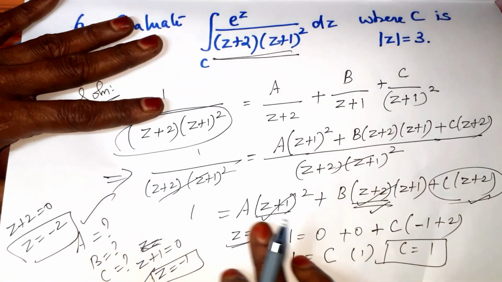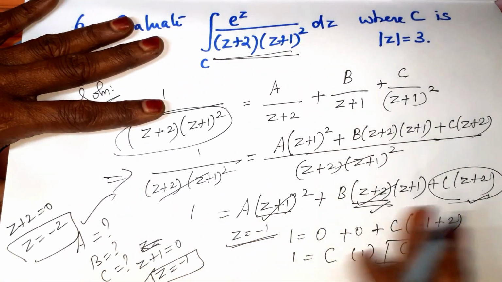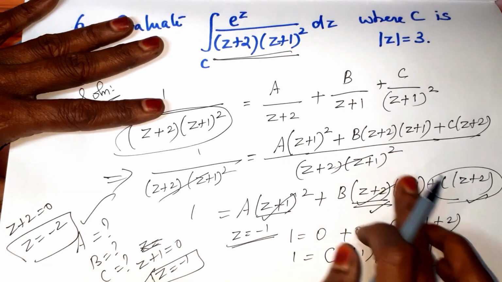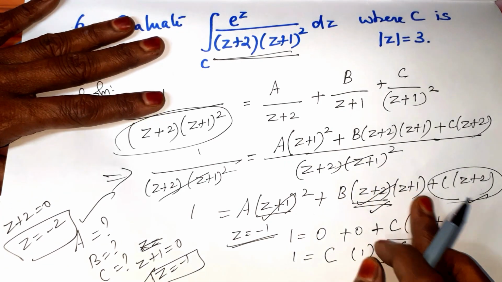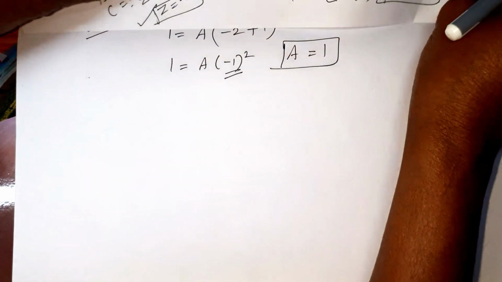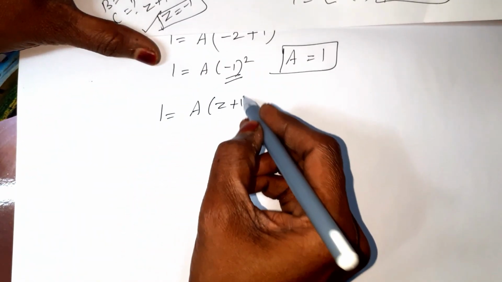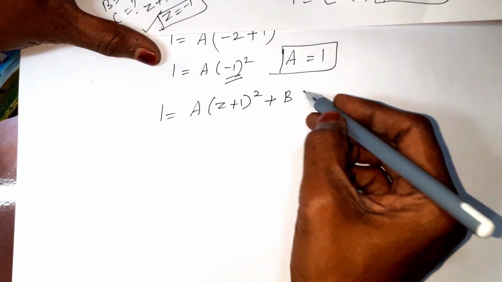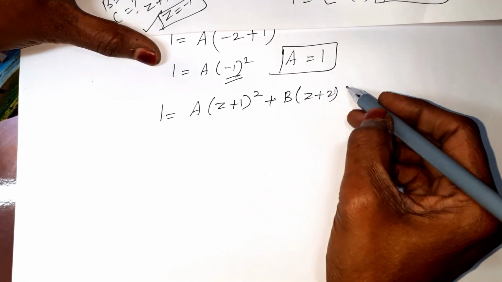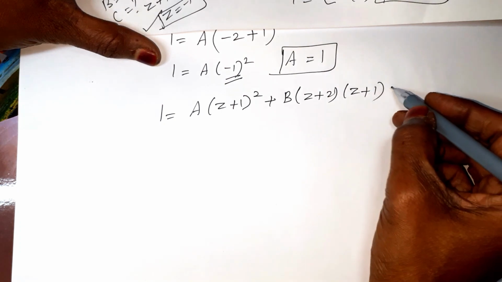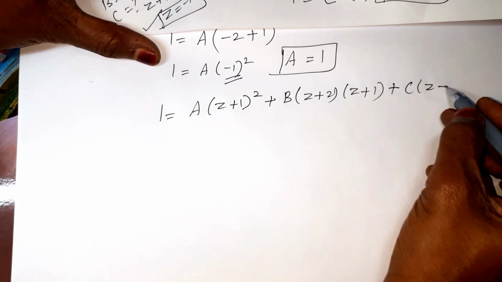For getting B, if we substitute both the z values, this term is becoming 0. So we are not applying that method here. Let me take the equation again. 1 is equal to A into z plus 1 the whole square plus B into z plus 2 z plus 1 plus C into z plus 2.